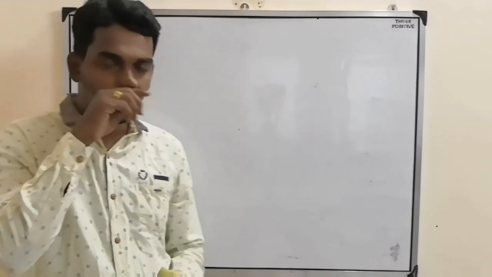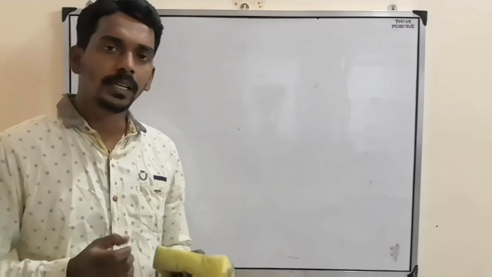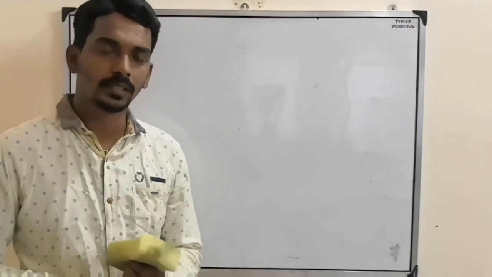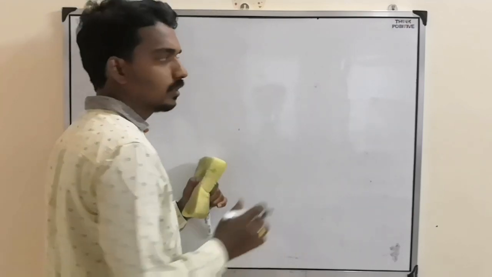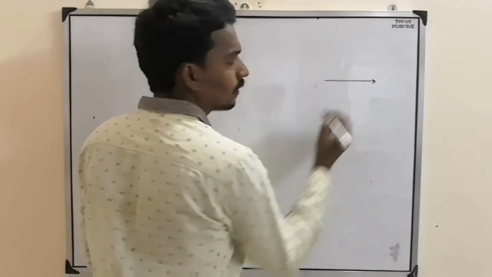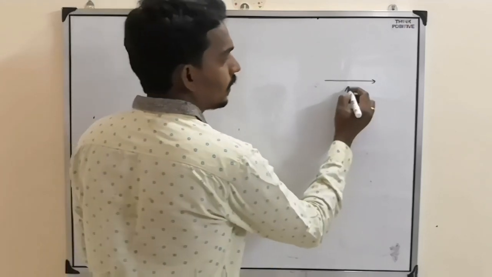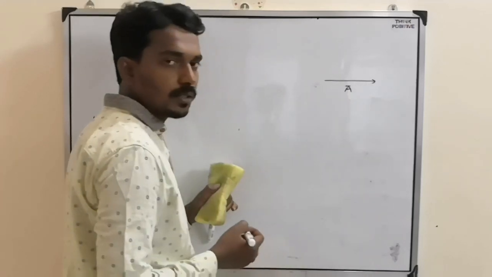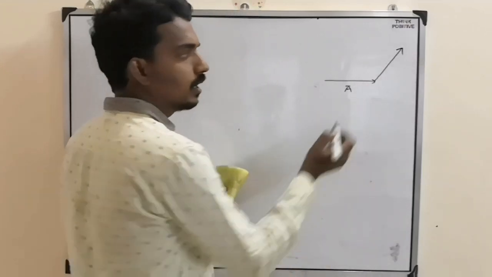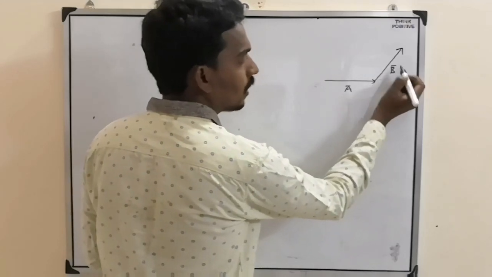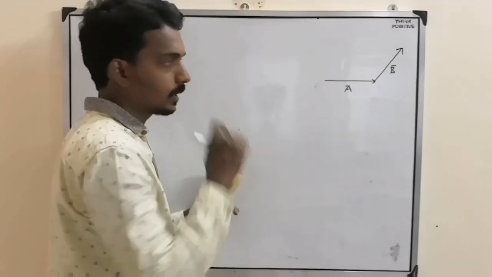Last class we studied vector addition, where we studied the triangular law of vector addition, which is nothing but adding two vectors. First draw one vector without changing its magnitude and direction, and from the final point of the first vector, draw the second vector such that the initial point of the second vector coincides with the final point of the first vector.